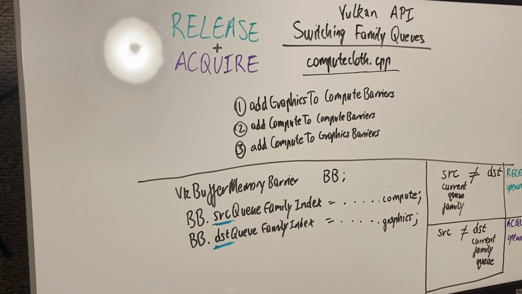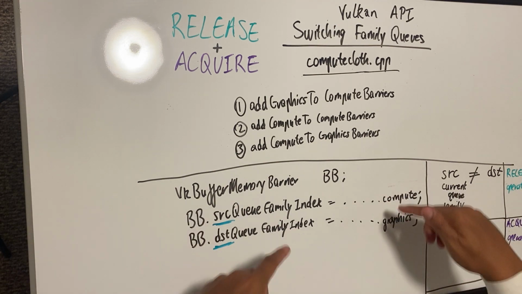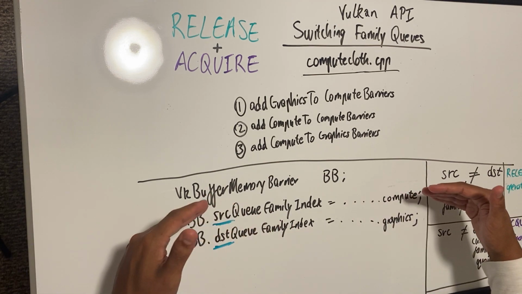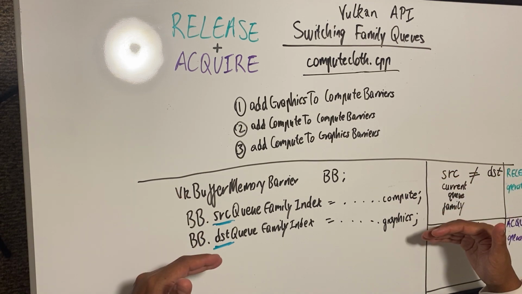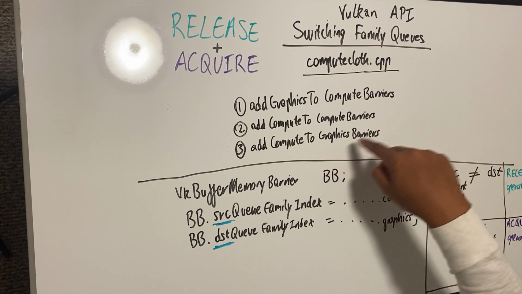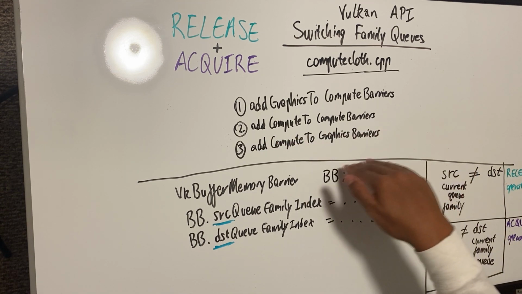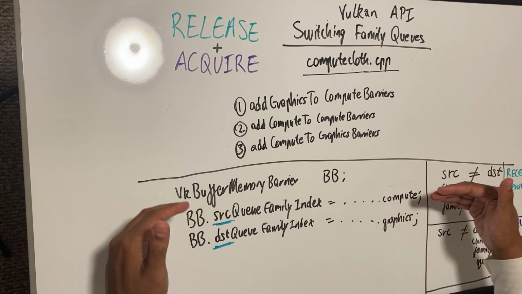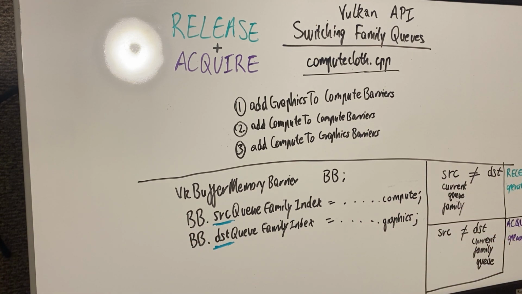Now if I do this, regardless of the arrangement, whether I'm in compute or graphics, this basically is moving from compute family queue to graphics family queue. And this right here is the add compute to graphics barriers function, right? Because now you're moving from compute and you're going back to the graphics family queue.